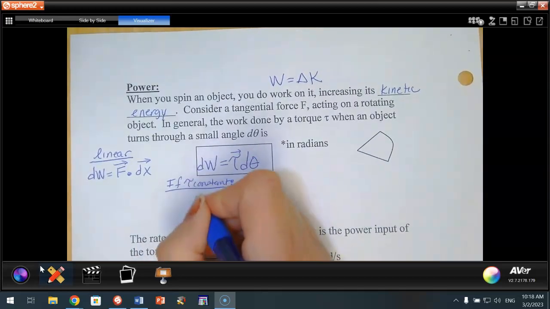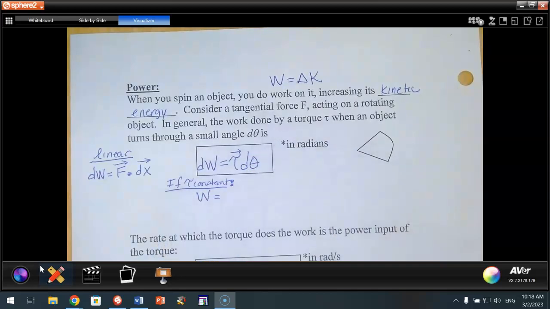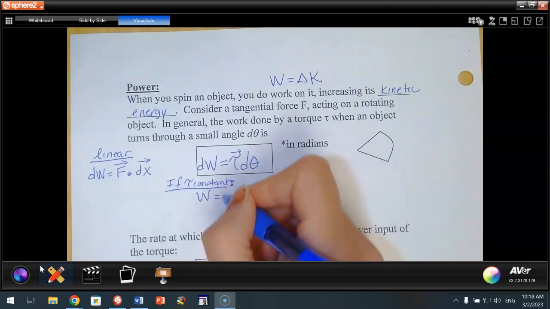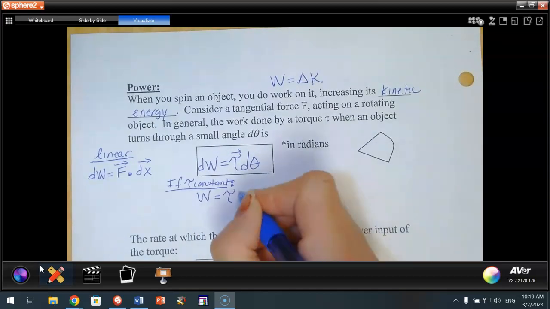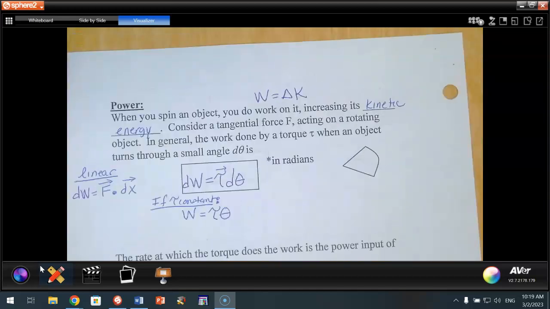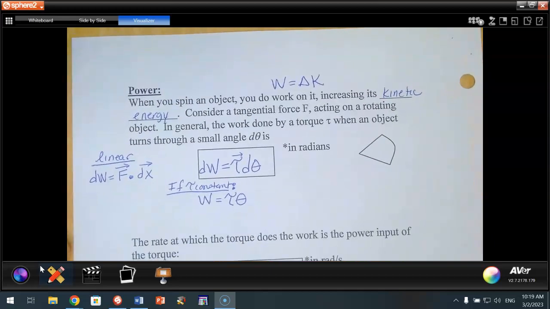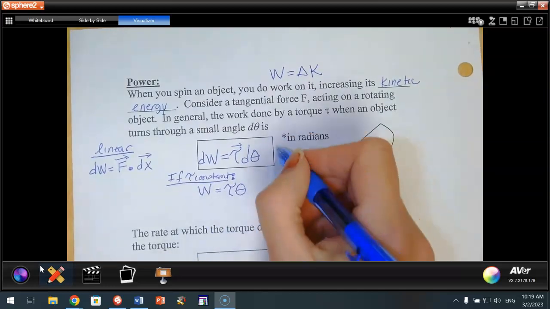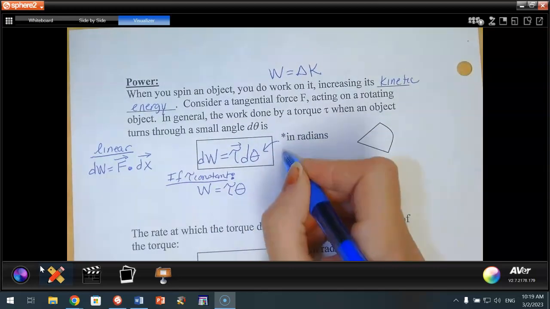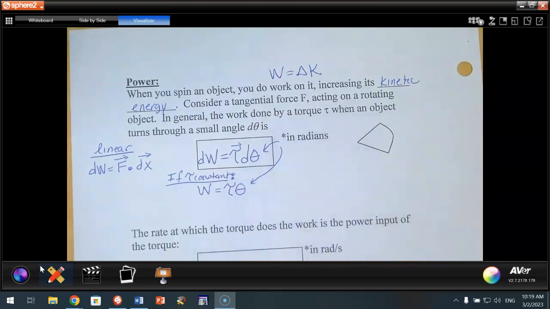Instead of dW, it would just be W for work equals torque, and instead of d theta, it would just be theta. So if you knew what the torque was and you knew how many radians it goes through, then you just take the torque times the number of radians. Keep in mind that in this formula, your theta has to be in radians. Degrees, rotations, revolutions won't work.